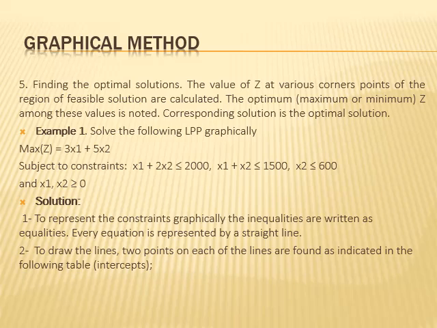That means, firstly, this linear programming problem is about profit maximization, since it indicates max Z. There are two decision variables, x1 and x2. 3 is the profit of 1 unit of x1, while 5 is the profit of 1 unit of x2.